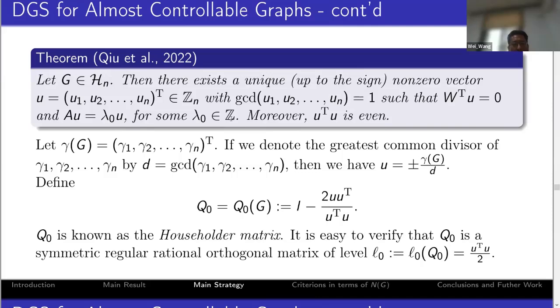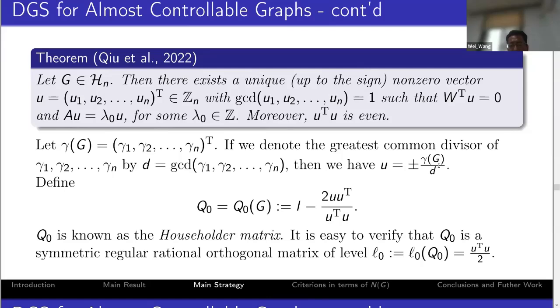So these are very special properties of an almost controllable graph. Let us write gamma G in this way. If we denote the greatest common divisor of gamma 1, gamma 2, up to gamma n by D, then U can be written this way.